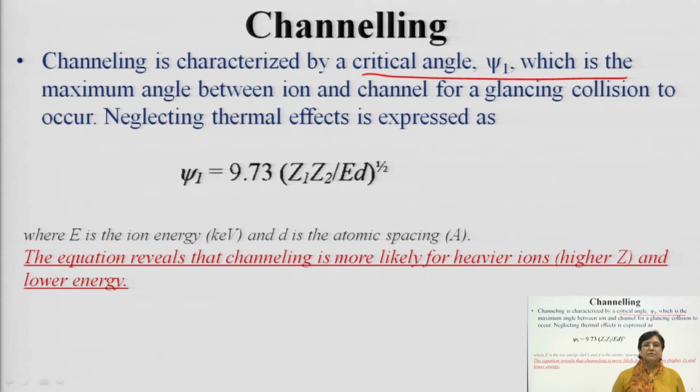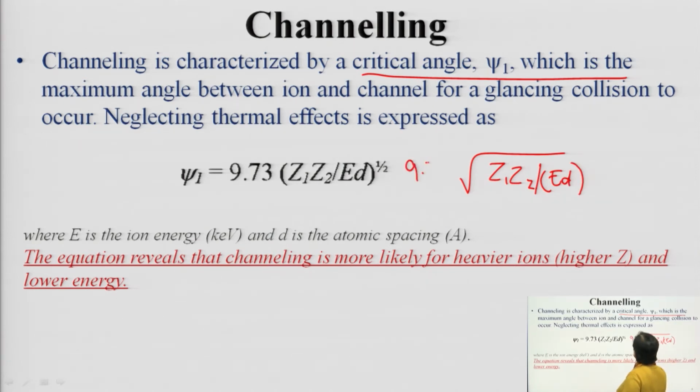Neglecting the thermal effects, we express this channeling angle psi 1 as 9.73 times the square root of Z1 Z2 divided by E into D, where E is the ion energy, D is the atomic spacing, and Z1 Z2 are the atomic numbers we have already seen.